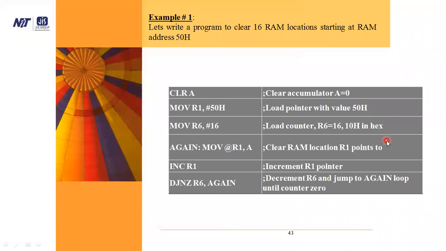MOV R6, #16, load counter R6 equal to 16, 10H in hex. AGAIN: MOV @R1, A, clear the RAM location R1 points to. INC R1, increment R1 pointer. DJNZ R6, AGAIN, decrement R6 and jump to AGAIN to loop until the counter is 0.